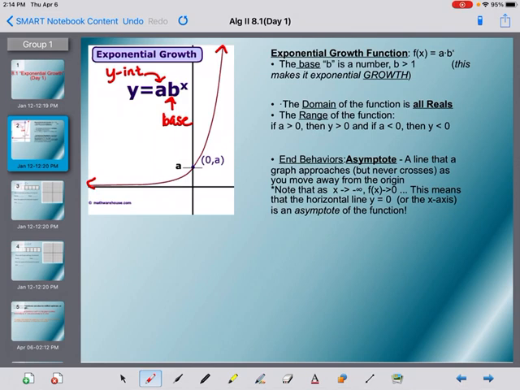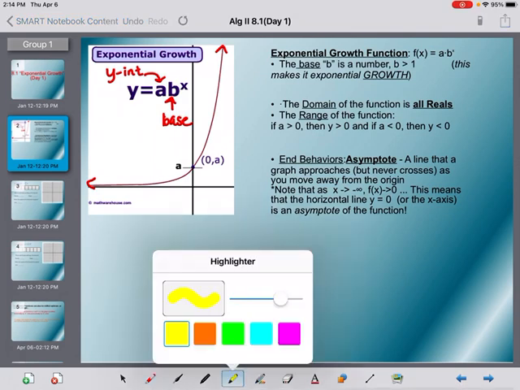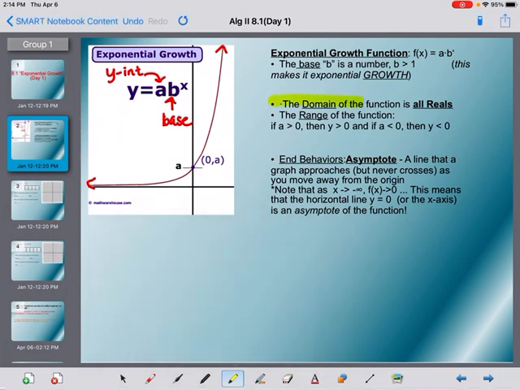So the domain of our function is all reals, and we can easily see that because the graph lives everywhere along the x-axis. Those arrows mean it goes to infinity to the left and to infinity to the right. However, the range of our function, our y values, are just greater than 0. As I said, the graph lives above the x-axis, so our range is y is greater than 0.